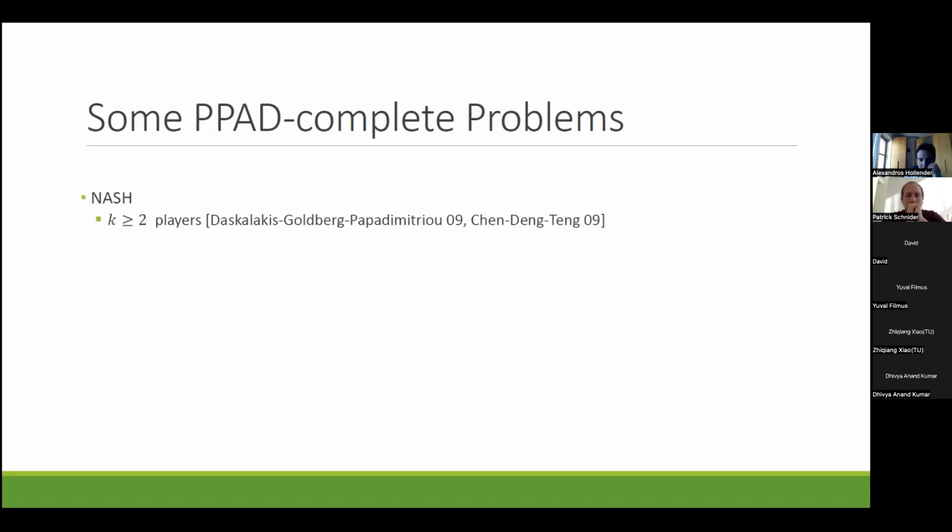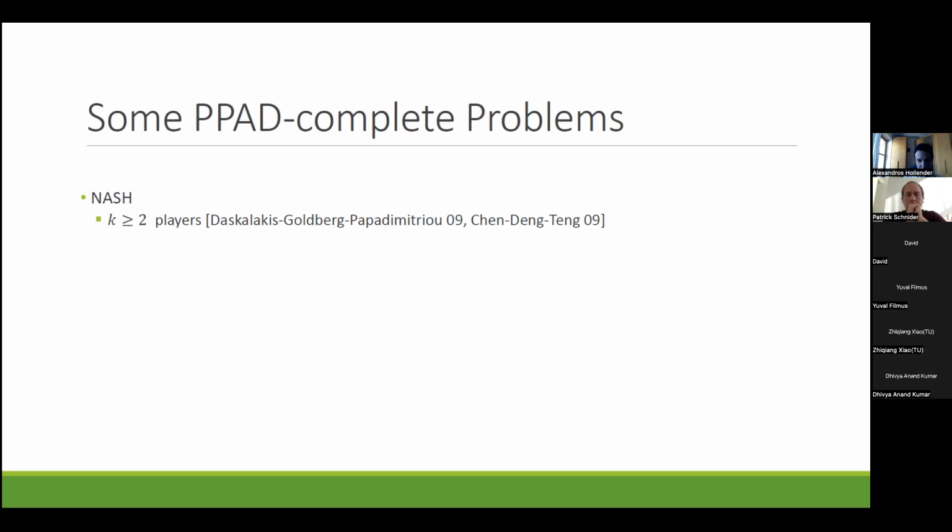I already mentioned the Nash problem, and this was a very celebrated result by Daskalakis, Goldberg, Papadimitriou and Chen and Deng. They essentially show that computing a Nash equilibrium for a game with 2 players or more is PPAD complete. So PPAD exactly captures the complexity of this fundamental problem in game theory.